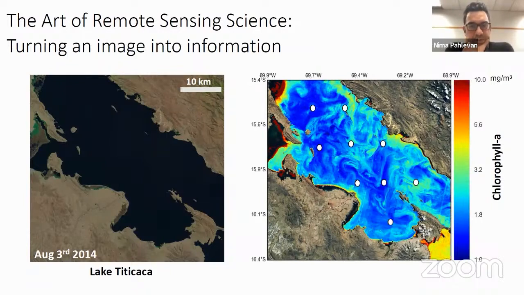So if you compare this significant amount of information that is provided through satellite with field observations, you can see that it significantly facilitates the way we can observe eutrophic conditions or trophic states across a large lake like Lake Titicaca.